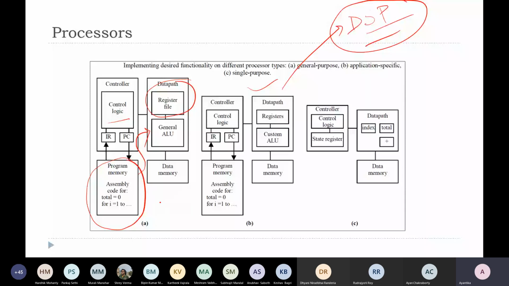Whenever you are implementing, you can think, okay, I don't care about the performance, I will go to the general purpose processor. Why? For a general purpose processor, like doing a soft code, everything is ready. I will just write instructions step by step, and whatever output I get, I will accept it.